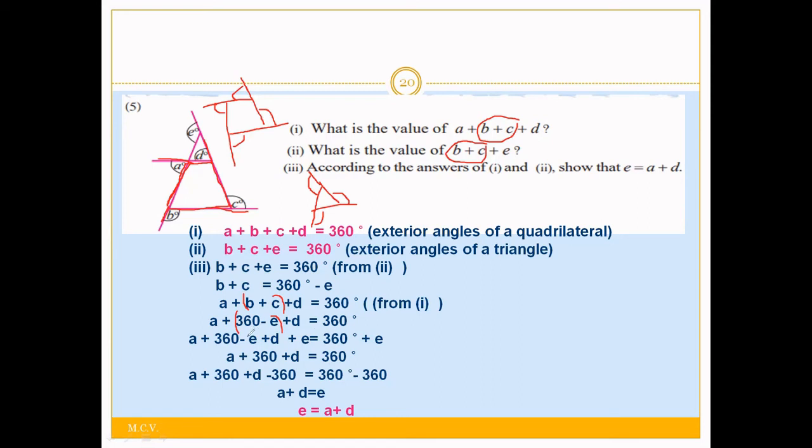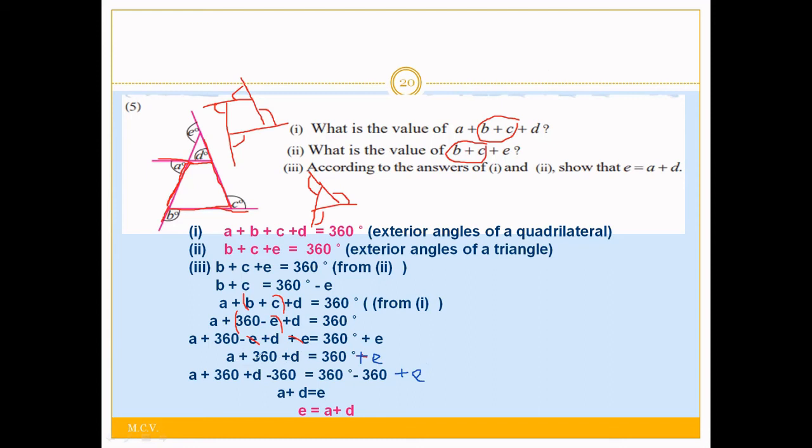Then cancel this minus E with plus E. On the left hand side, A and 360 and D remain: A plus 360 plus D. Here I have to write E also here. 360 plus E. So A plus 360 plus D equals 360 plus E. Now we want to remove 360.